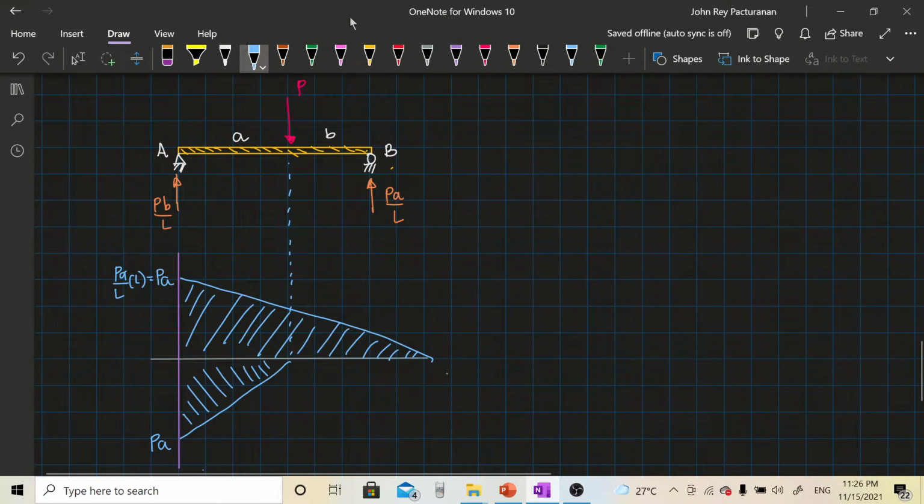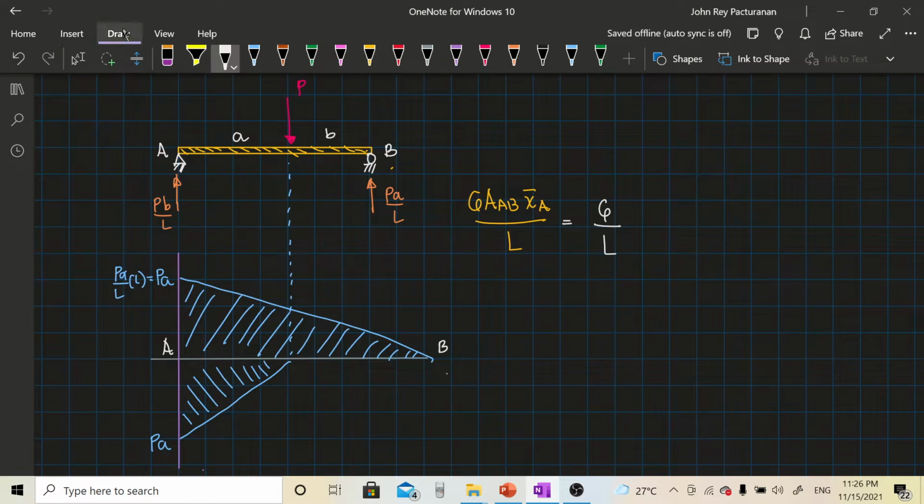So, again, ano nga yung formula natin? 6 area ng AB, centroid at A all over L. As I said, ang ibig sabihin lang naman nito ay 6 divided by L, tapos yung area ng AB multiplied by the centroid with respect sa A. Nasobra pala ako ng pag-sketch dito, no? Dito lang naman pala yung PA over L. So anyway, ganito lang siya. Ayan, parehas na rin yan.